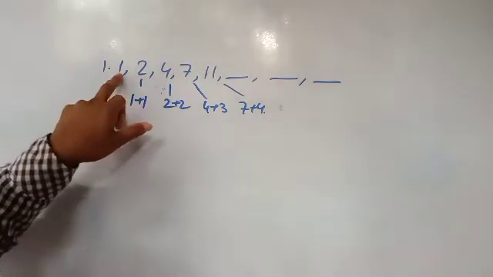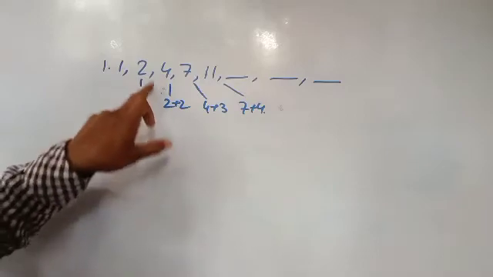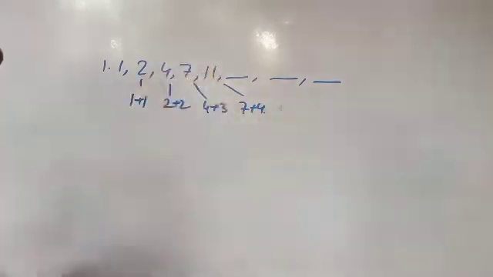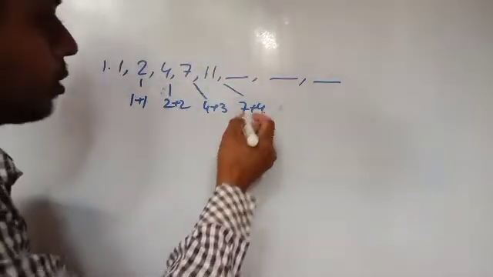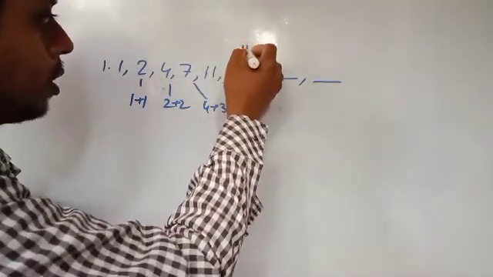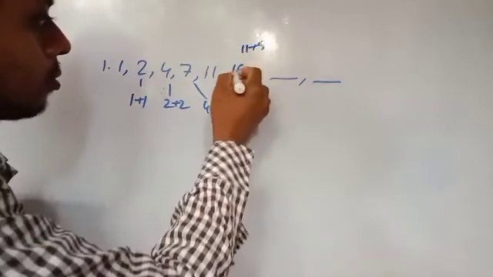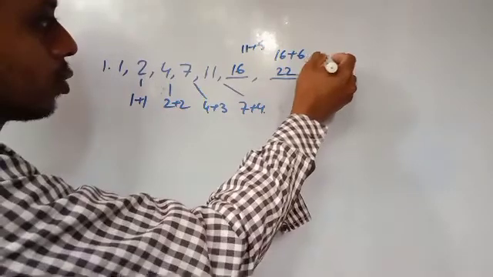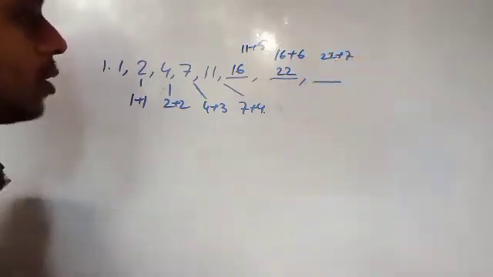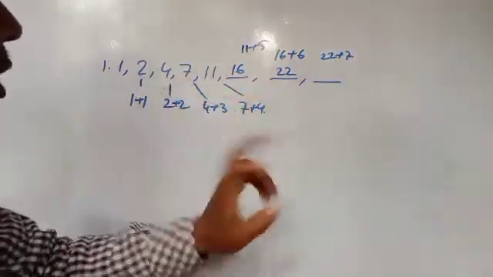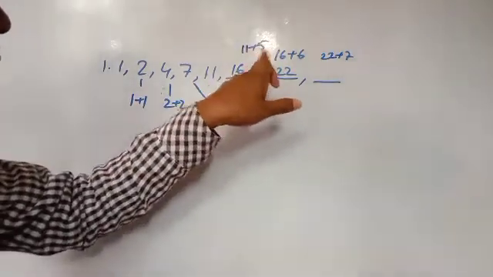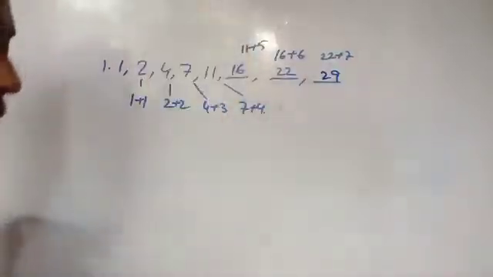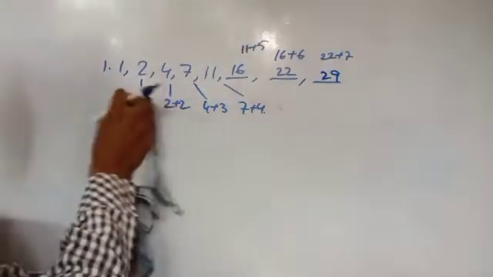Now 11 plus 5, 16. Now 16 plus 6, 22. 22 plus 7, 29. So consecutive numbers you have to add. Up to 4 you have added, then 5, then 6, 7. So this way you will get this pattern.